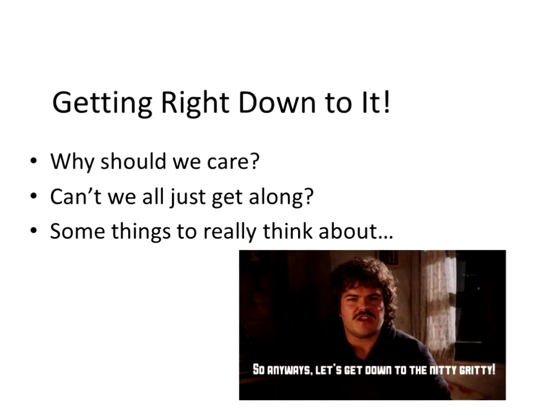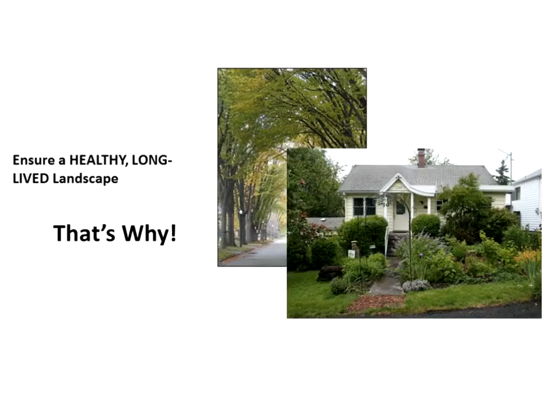So we're going to just kind of get right down to business here, and kind of the question is why should we care about making sure plants are sited essentially where they're supposed to be sited because of those cultural requirements? And can we all kind of get along? Can the plants get along together or not? And then just give you some ideas, some things to kind of think about and see when you're out and about in the landscape. So to ensure a healthy, long-lived landscape, to me, is our basic gist of why we want to do this.